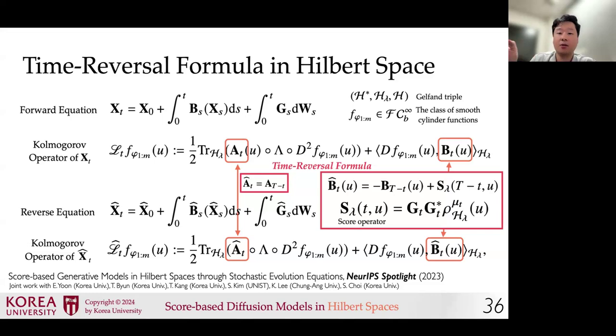If you remember the objective function of score-based modeling, we can replace the score function by this score operator. And in this case, we have to use the Hilbert space norm in this objective function. Okay, so for details of this Kolmogorov operator and the formula, please see our paper. Okay.